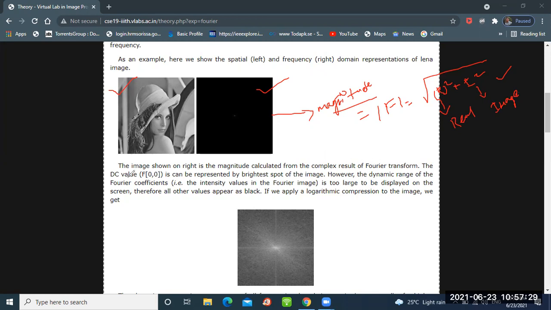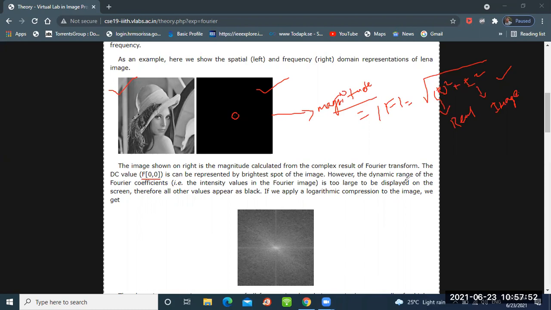The DC value, which is your mean value f(0,0), can be represented by the brightest spot of the image. This is the actual coordinate of (0,0), which is shifted to the center point.